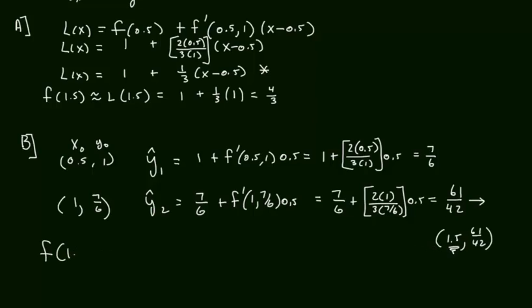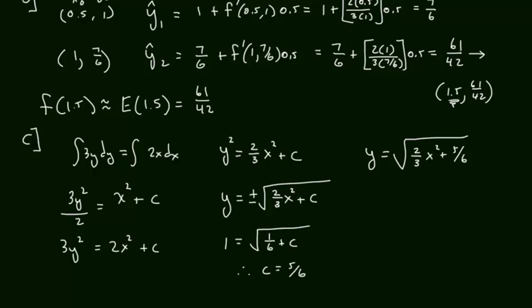F at 1.5 is approximately Euler's method at 1.5, which equals 61/42, and I'm going to mark that in a moment.